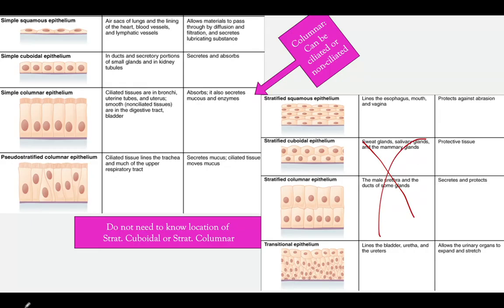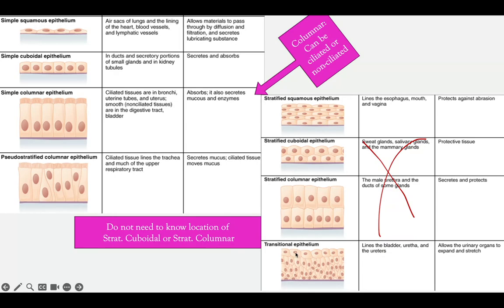Okay, that's fine. So stratified cuboidal: cuboidal cells, multiple layers. They're going to be a protective tissue. Stratified columnar: columnar cells, multiple layers. They're going to be secreting and protecting.